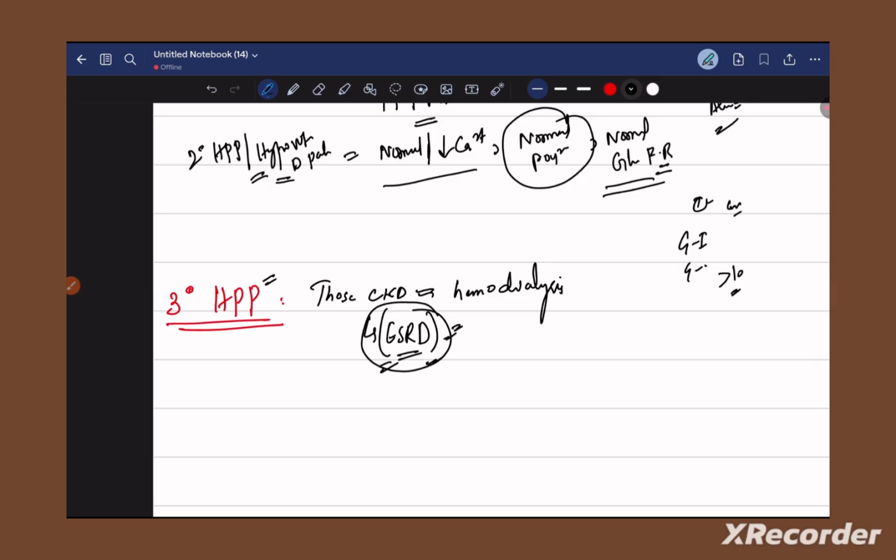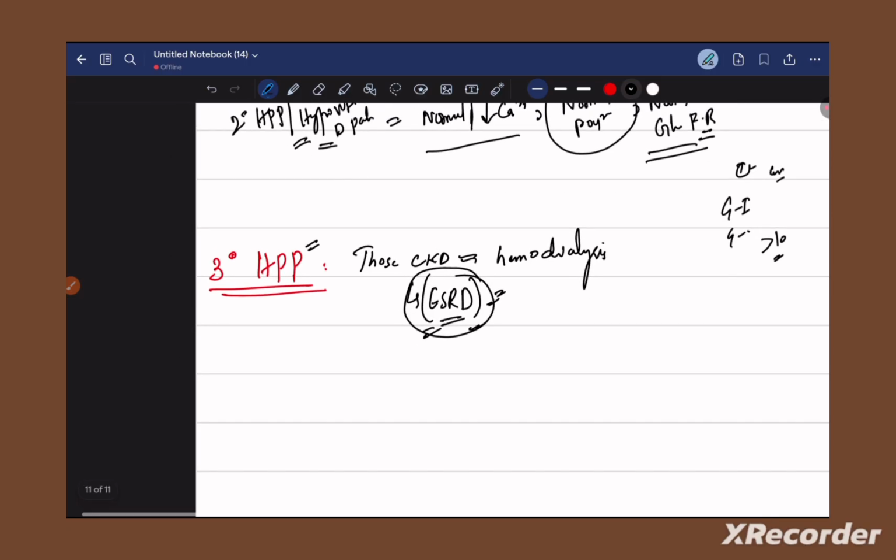You know that in end stage renal disease, the kidney is not functioning.